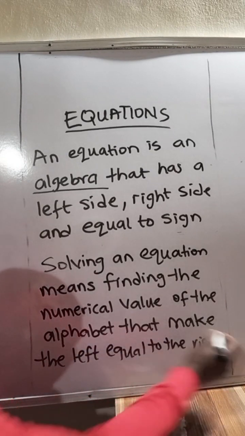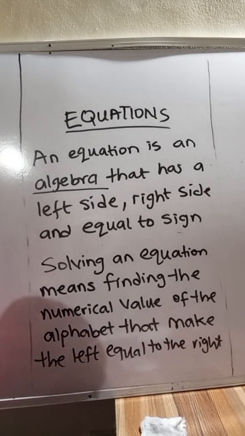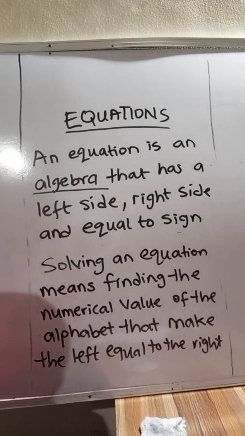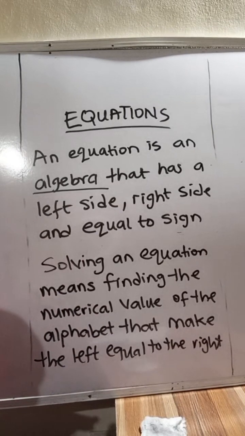I'd like to give a brief introduction to my class before I start solving. So solving an equation means finding the numerical value of the alphabet that makes the left side of the equation equal to the right side of the equation. So whenever you find the value of that alphabet, you have solved the equation.